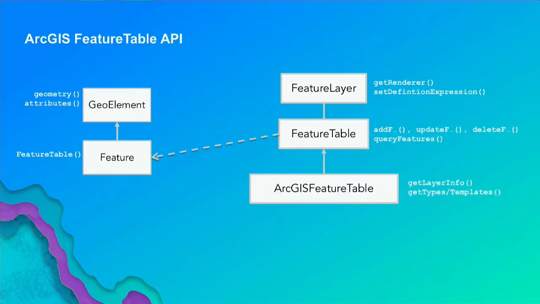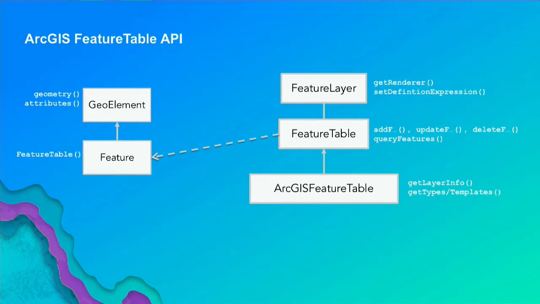Now, as we said, the feature table is that base that all of our different feature sources implement. With the ArcGIS services that we have, mainly the feature service, there are some additional capabilities that we know this supports. So with the ArcGIS feature table, this is where we get into having information about the layer info, ownership-based access control, editor tracking, and where we also advertise things like templates and types.